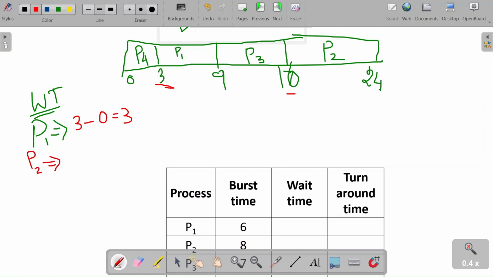P2 starts at 16, so 16 minus 0 is 16. P3 starts at 9, so 9 minus 0 is 9. P4 starts immediately at time 0, so its wait time is 0.